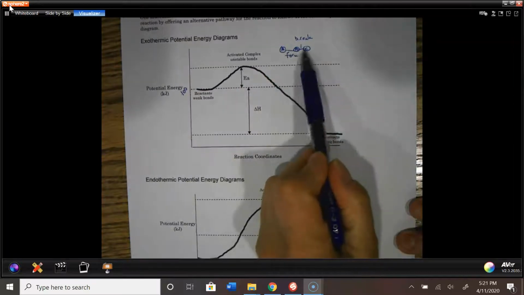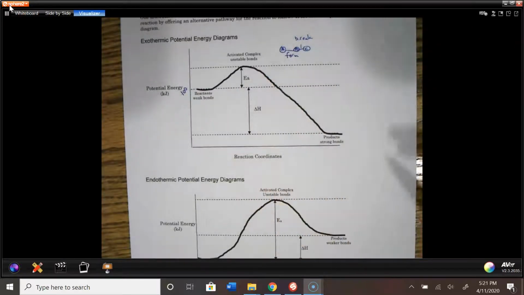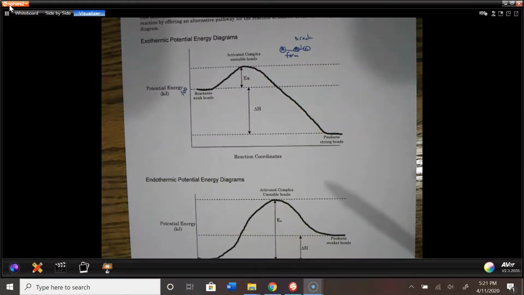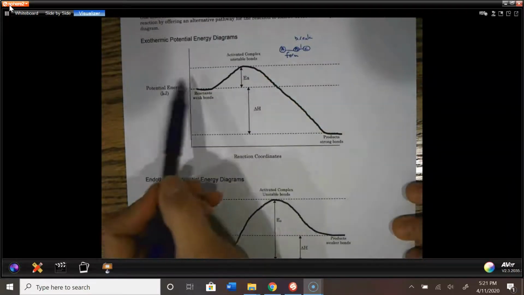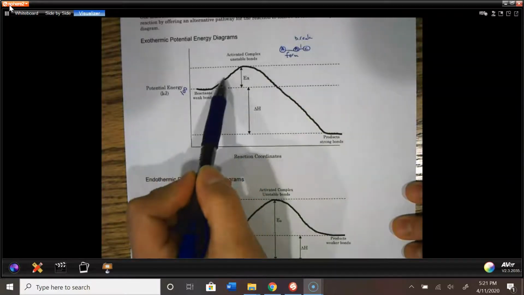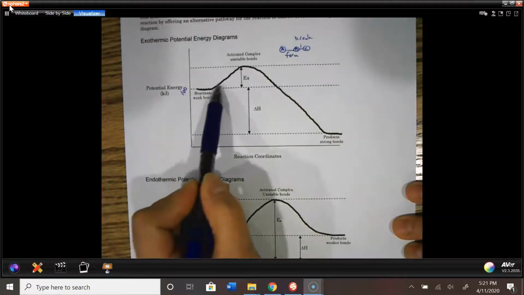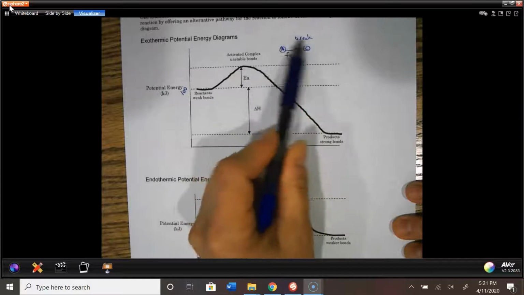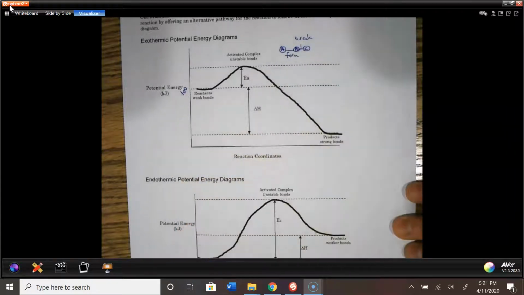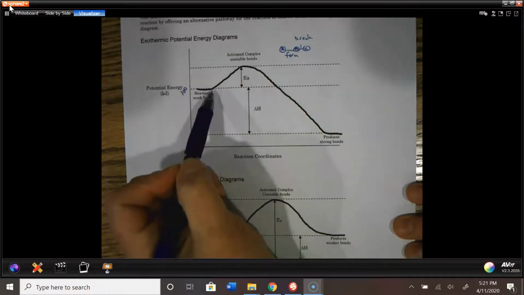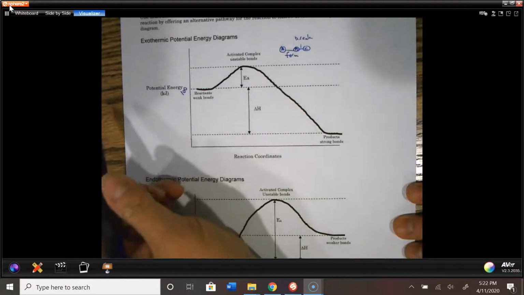So because B has more bonds than it should, it is a very unstable molecule. It doesn't like to stick around very long, so it transitions pretty quickly once it's made. So if you add enough energy to create this transition structure, this activated complex, you're going to transition pretty quickly to move on to the products.